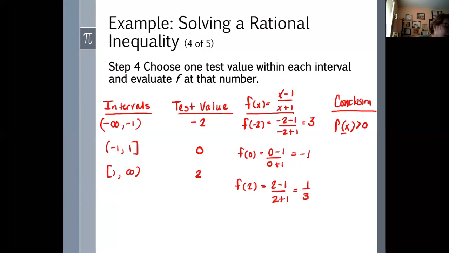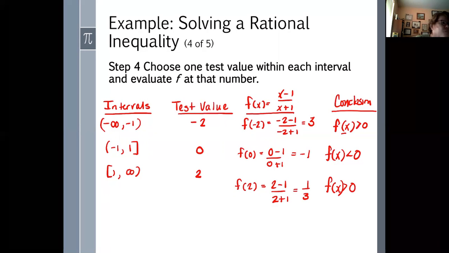The next interval, our function was negative, so for every value in that interval, no matter what value I picked, the function value would be negative. And in the last interval, it's positive for every value in that interval.